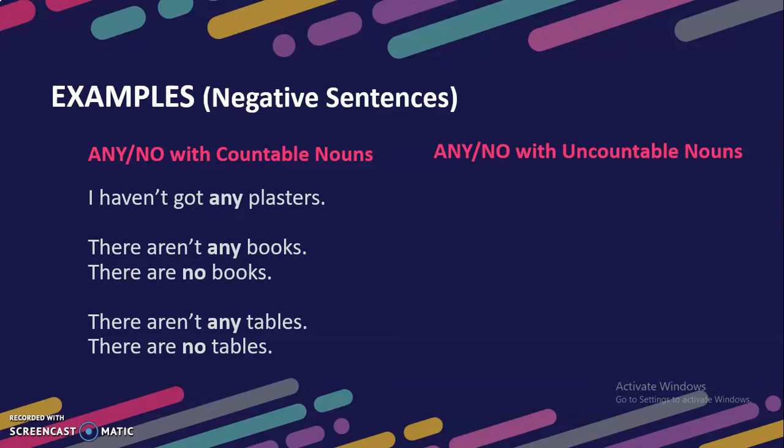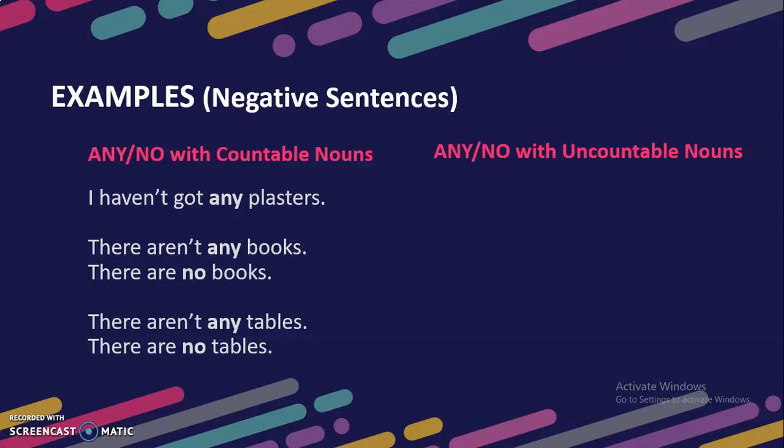Don't forget, you're going to get rid of the word not when you use no. So don't use both at the same time, because the word no itself carries a negative meaning here. That's why we get rid of the word not when you use the quantifier no. There aren't any tables. There are no tables.